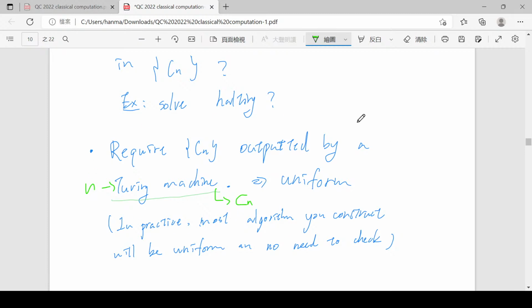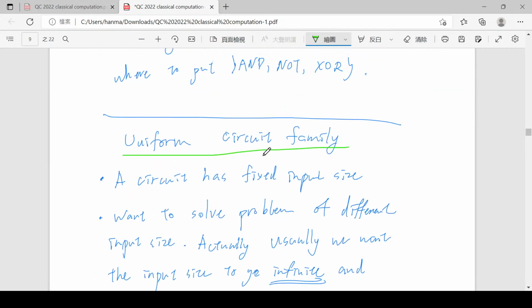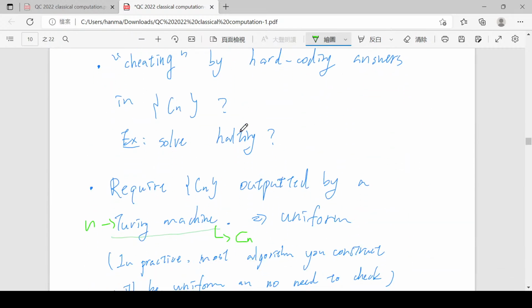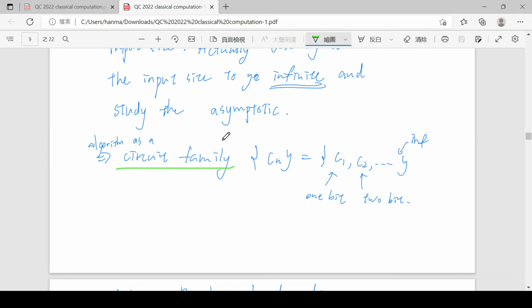So this is how theoretical computer scientists give a very rigorous definition of algorithm as a circuit family. It needs to be a uniform circuit family, and we go back to Turing machine. And you can see why Turing machine has this very fundamental position in computer science, because it's very robust and doesn't have weird problems like non-uniform circuit families.